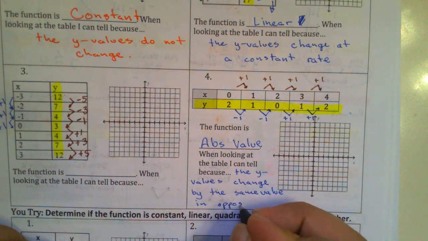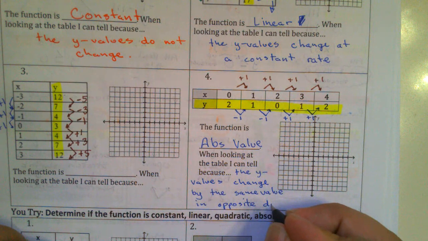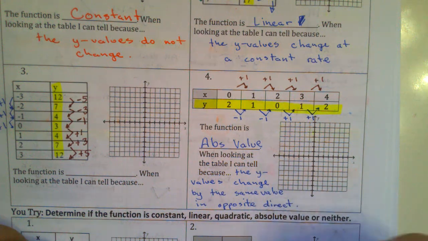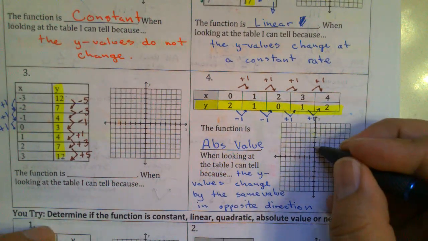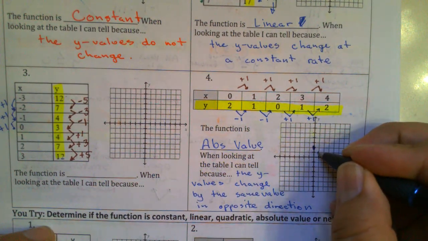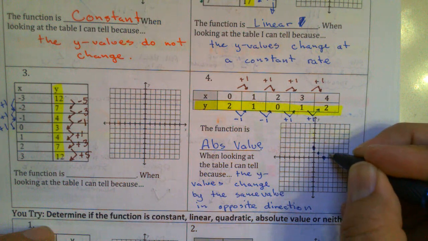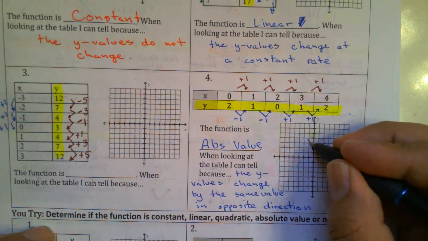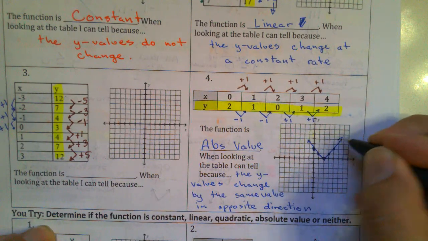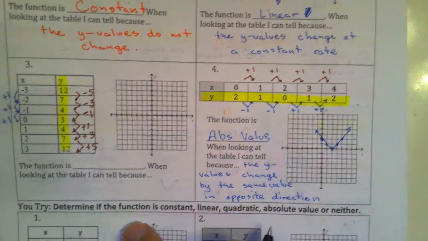Remember, one's adding, one's subtracting, so they go in opposite direction. But all I have to do was just look at my numbers. Now I could also draw it, right? Like 0, 2, 1, 1, 2, 0, 3, 1, 4, 2. Look at that. There's the V. There's that V shape.